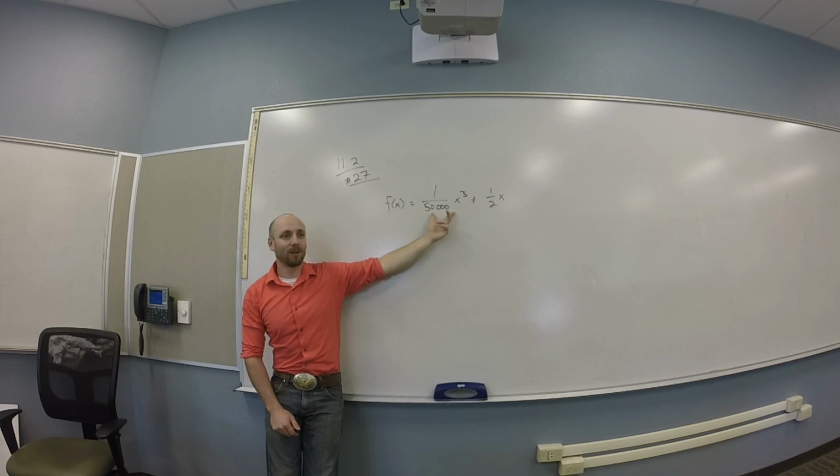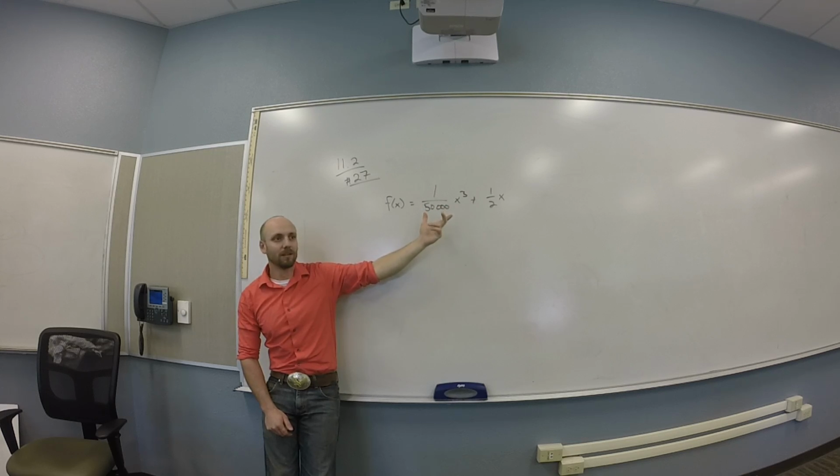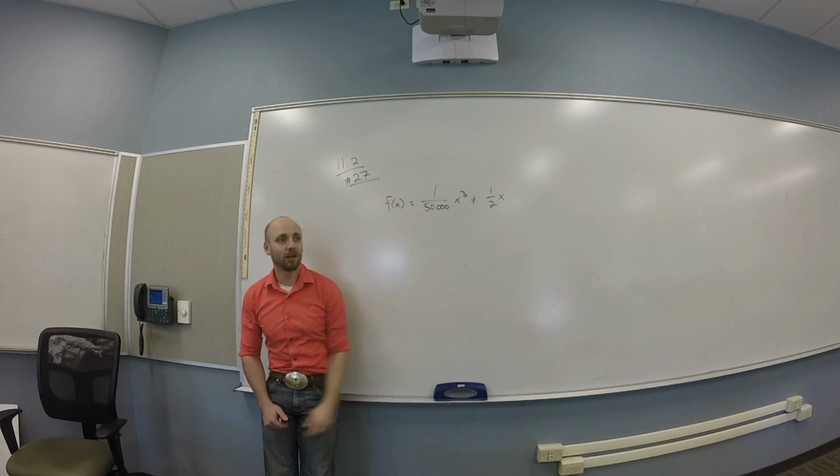That number is going to be pretty little until x gets really big. And then cubing it is going to make it huge, and then that'll kind of cancel out that 50,000 and I'll get normal x cubed behavior. Maybe not cancel out, but overcome at least that kind of drag on there.